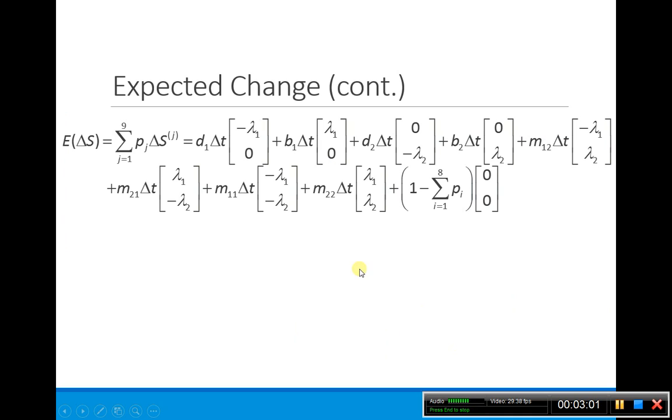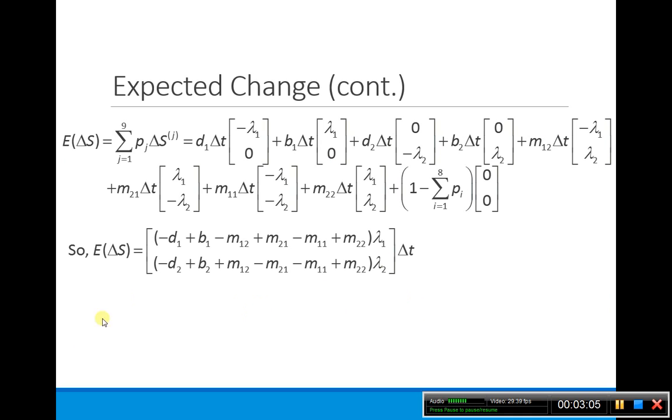So if we simplify this, then in our first column we have minus D1 lambda 1 plus lambda 1 B1. We don't get any from these. We have minus lambda 1 M12, and then we have M21 times lambda 1 minus lambda 1 M11 and plus lambda 1 M22, and all of this is times delta t.